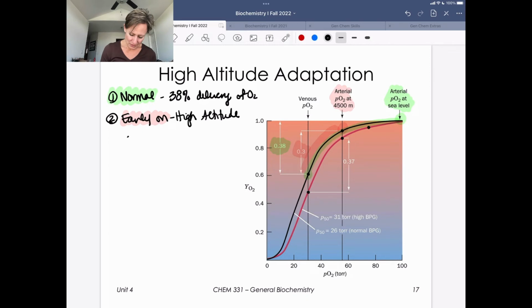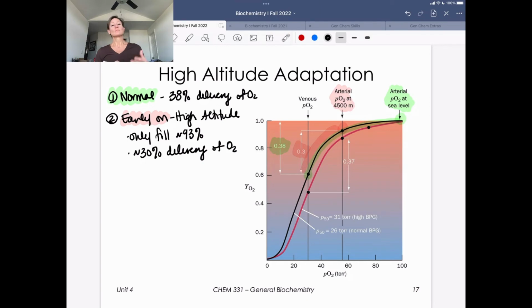So you only fill to about 93%. You still unload to that same point. So that ending point is the same, and you really only deliver about 30%. So you have about 30% delivery of oxygen. That's the problem: you are going back down to this same point.